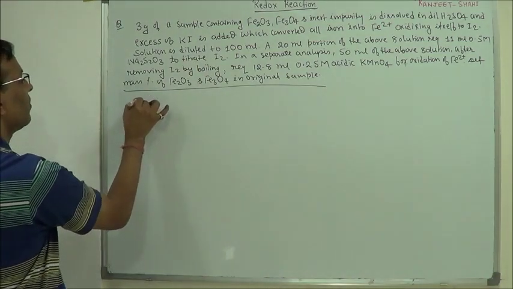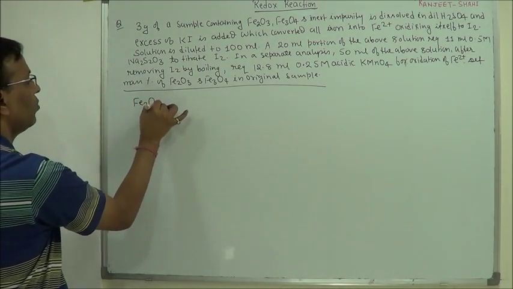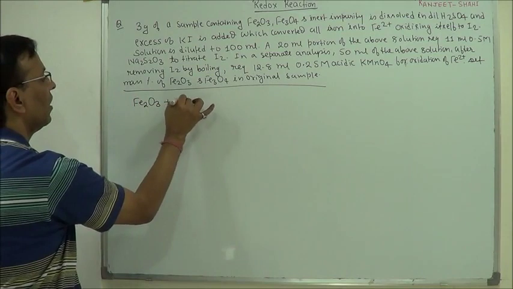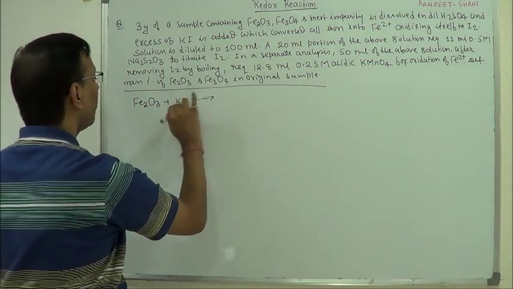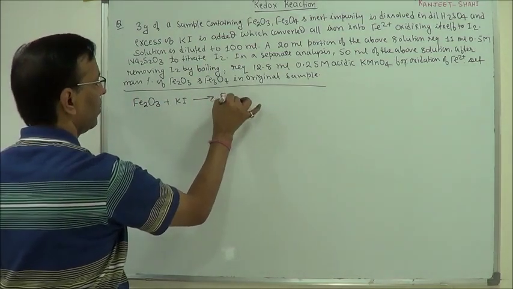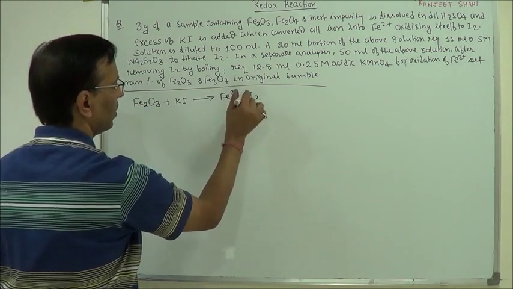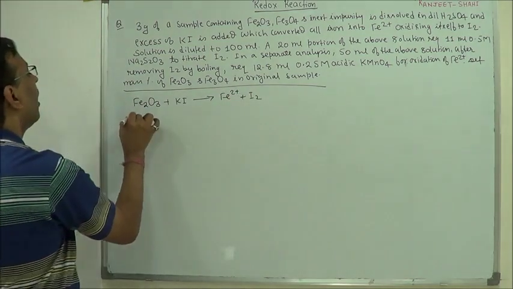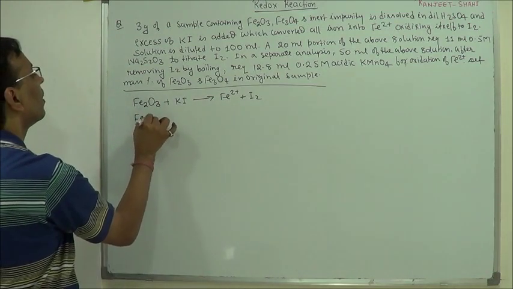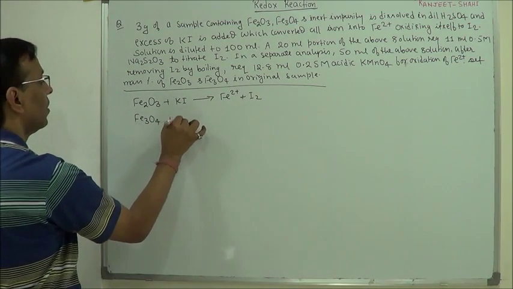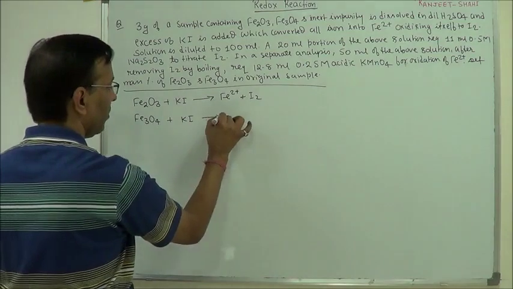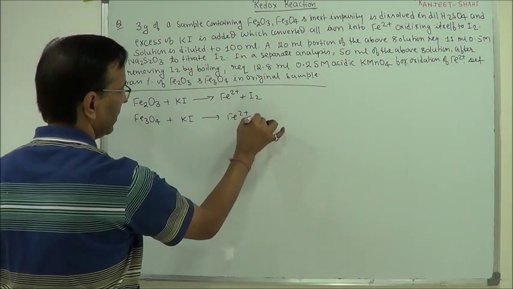In the first step, Fe2O3 reacted with KI to give ferrous ion and I2. Fe3O4 reacted with KI giving ferrous ion and I2.